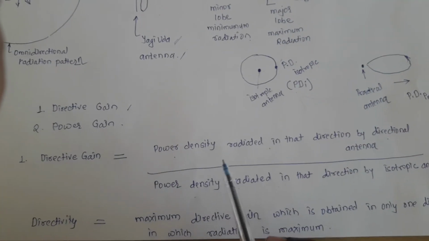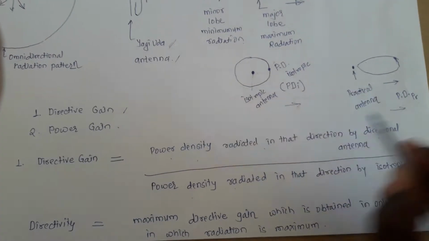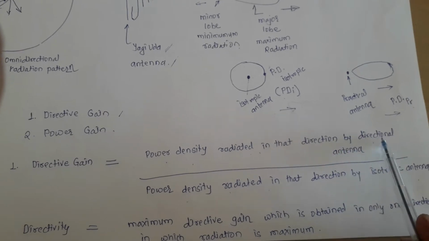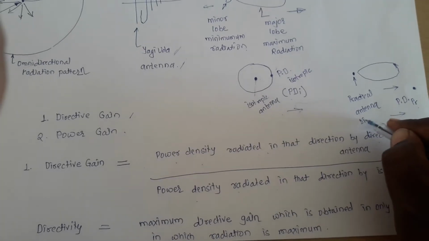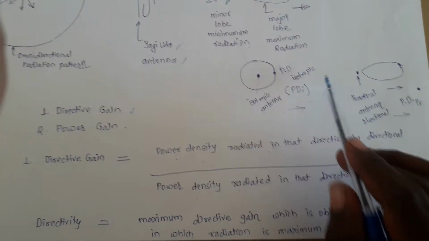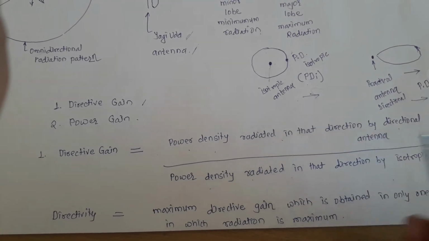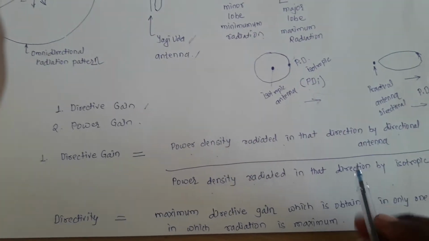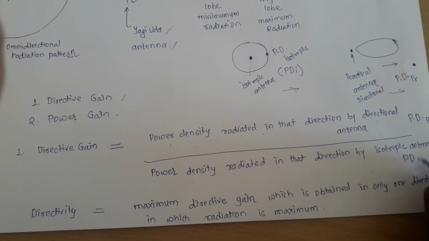So directive gain is the power density radiated in that direction, and both antennas are forwarding energy in this particular direction, by a directional antenna. This practical antenna is your directional antenna, right? Similarly, the power density transmitted by the isotropic antenna is PDI. So the power density radiated in that direction by the directional or practical antenna is PDP, and by the isotropic antenna it is PDI.